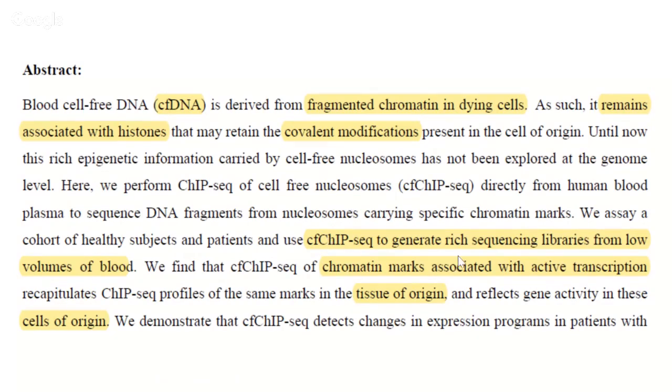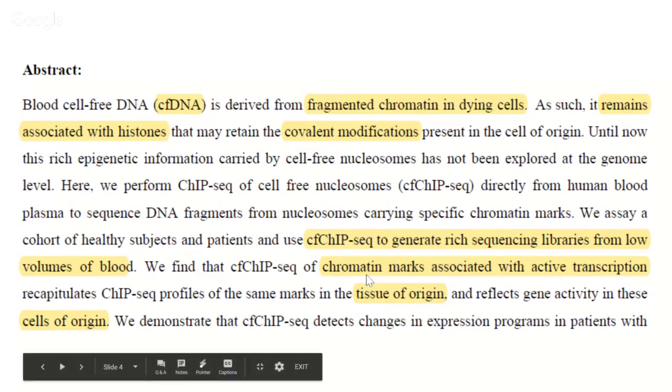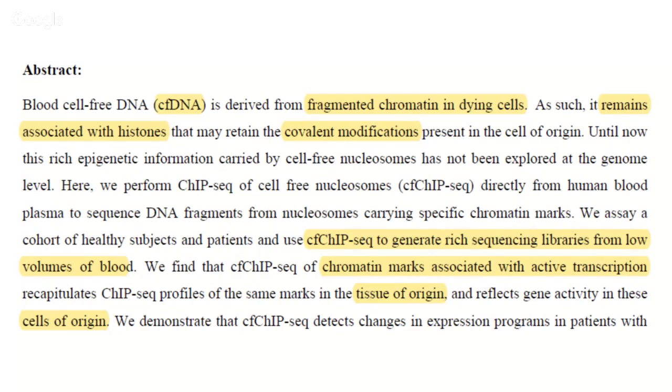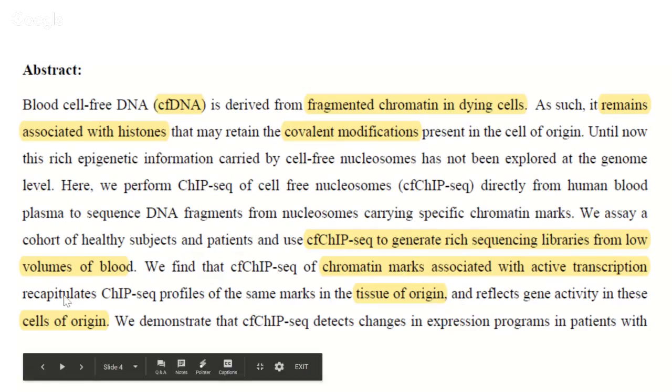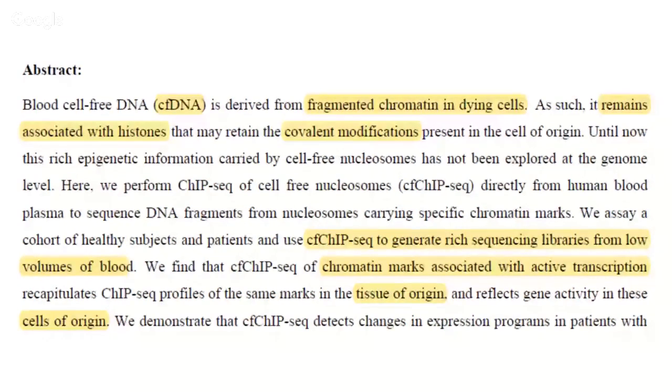They generated these sequencing libraries from low volumes of blood, and then looked at where those chromatin marks associated with active transcription factors lay on the genome and what information they provided around tissue of origin, cells of origin, and their ability to predict disease or disease conditions.